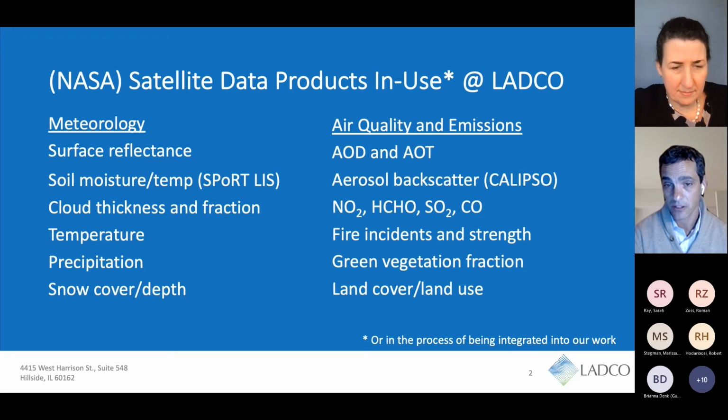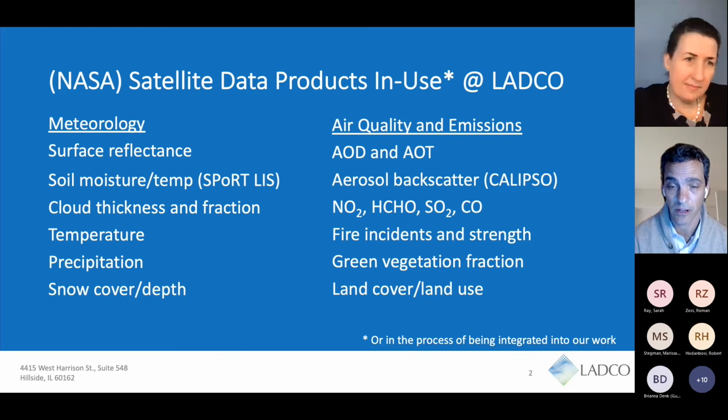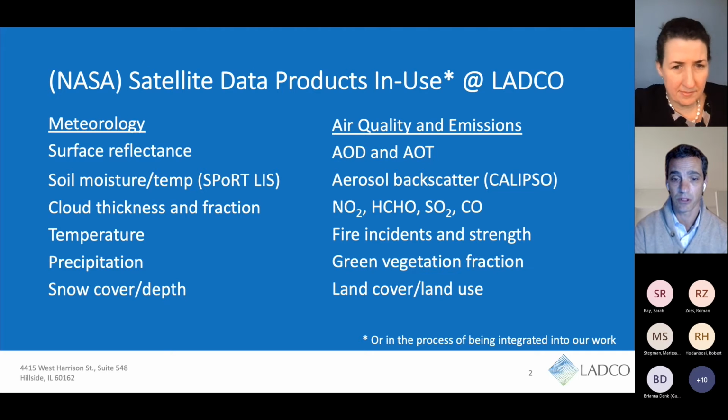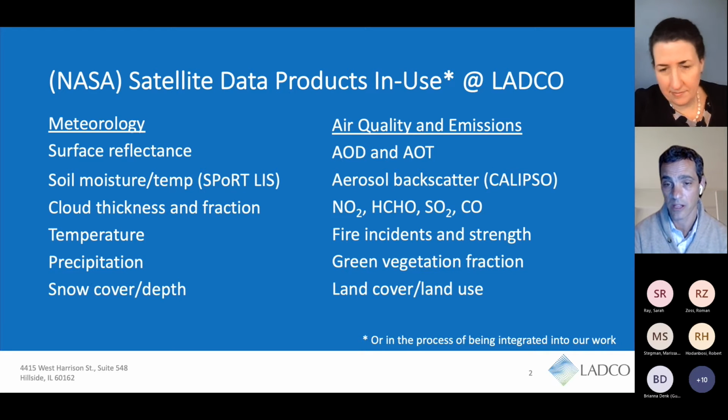On the air quality and emission side, we use retrievals of aerosol optical depth and aerosol optical thickness to look at validating the models, understanding where there are aerosols in the atmosphere and the impacts of different aerosol sources. We look at aerosol backscatter for looking at things like vertical profiles of aerosols in the atmosphere.